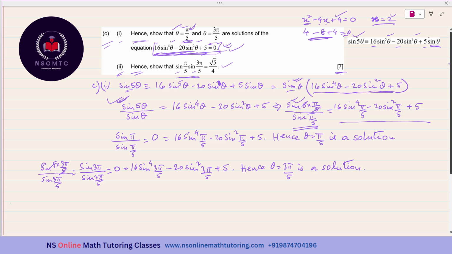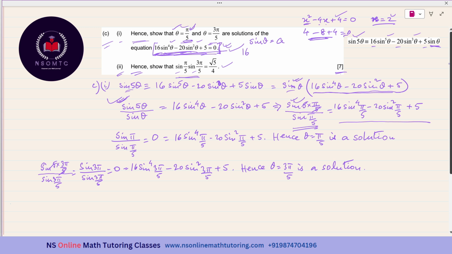So this can be taken as, it is a trigonometric equation, but it can be taken as a polynomial equation as well. Suppose I write sine theta equal to a, then it becomes a polynomial equation.